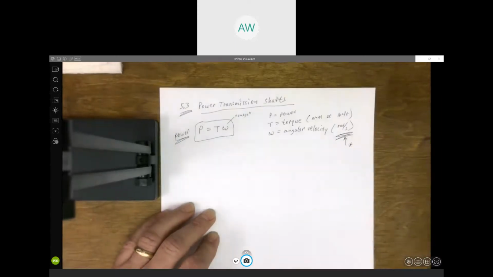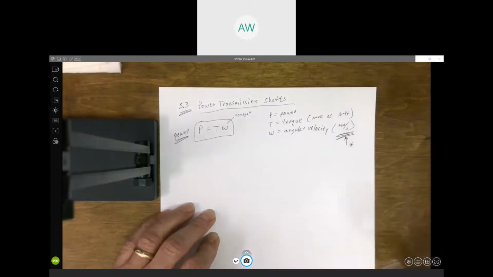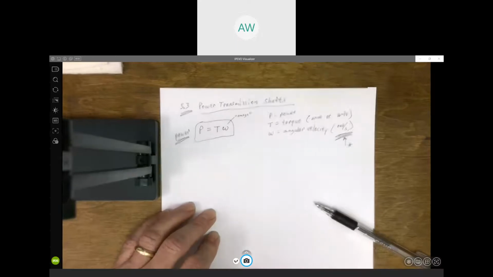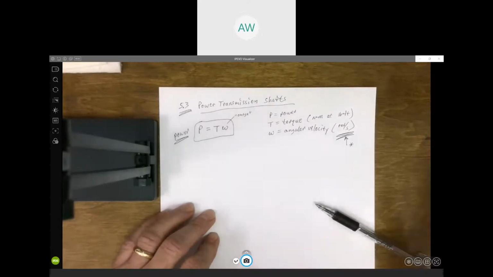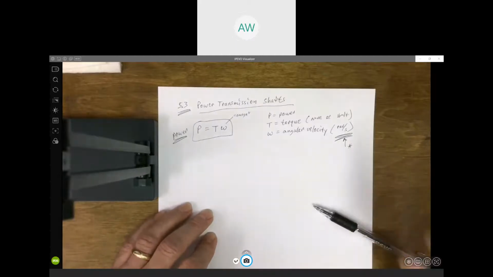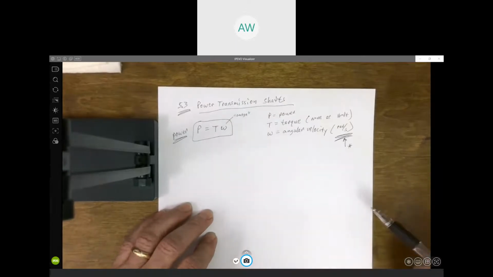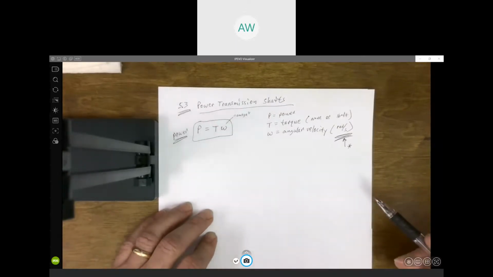Now, if you read through this section in the book, you're going to see some additional formulas. He talks about frequency, which is revolutions per second, and he comes up with a couple of other formulas that relate power and torque and frequency. You're welcome to use those formulas, but I am not going to use them, simply because one less or two less formulas I have to worry about, the better.